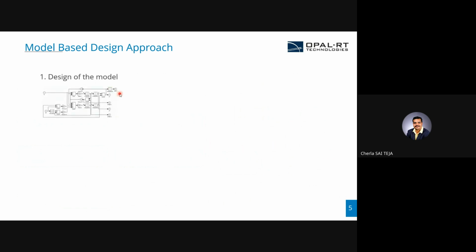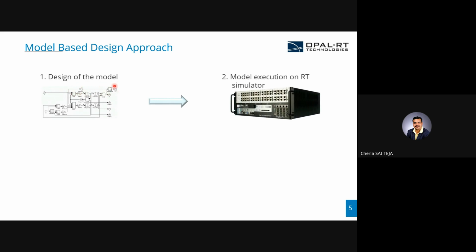First, I'll explain the workflow of an OPAL system. It all starts with designing the model offline. We have two softwares: one is eMEGAsim and one is HYPERSIM. For the software, we have a backend MATLAB model which will be executing on the target. The model execution will take place on the real-time simulator.